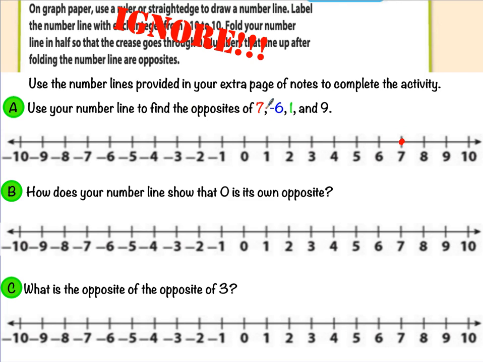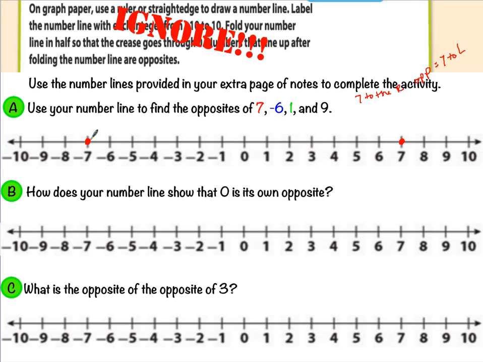So in this case, it was 7 to the right, so the opposite would have to be 7 to the left. So I start at 0 and I count 7 spaces: 1, 2, 3, 4, 5, 6, 7. Notice the numbers are the same. The only thing that's different is the sign in front of it.